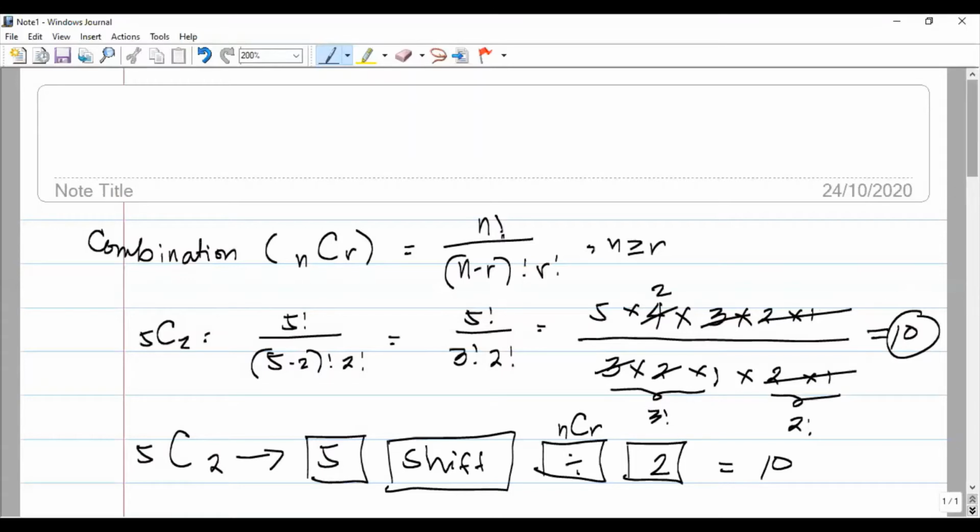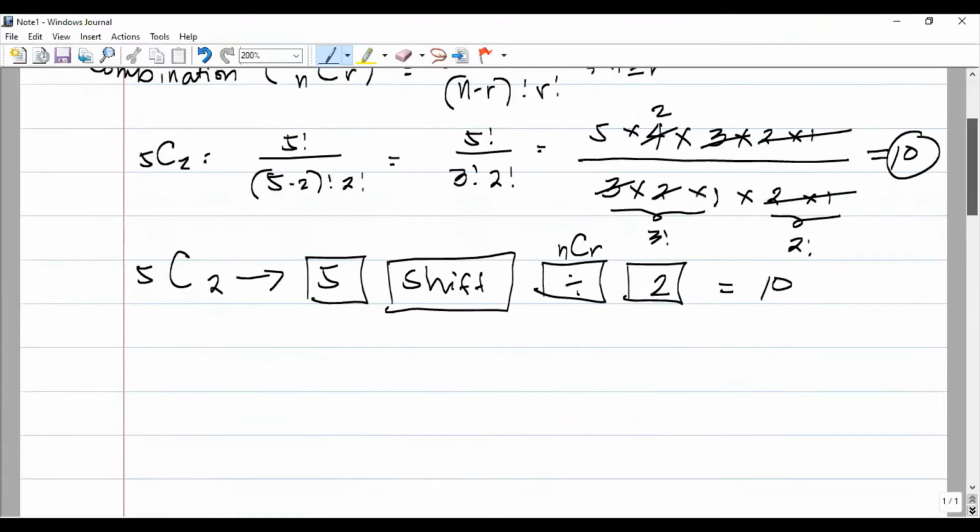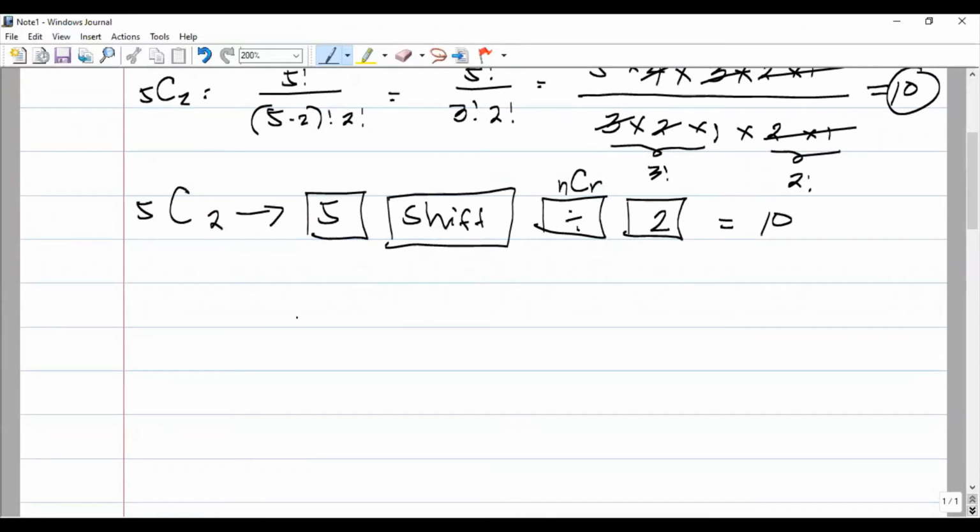Okay, another example. The combination of 10 taken 3 at a time is equal to 10 factorial over 10 minus 3 factorial times 3 factorial, which is equal to 120.